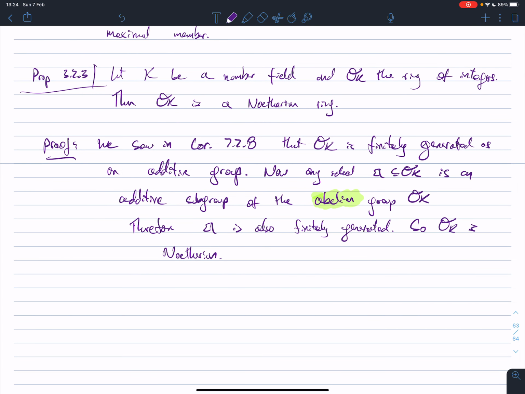And we'll come back to the Noetherianness later on. But here's something useful that we can already say about the ideals in these rings of integers. We have a number field K, and A an ideal in O_K.